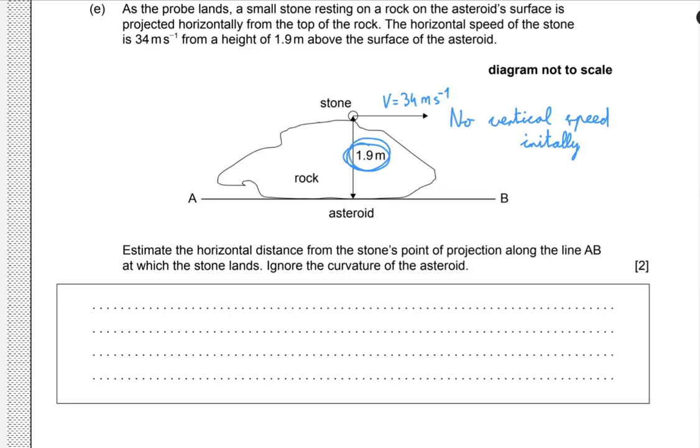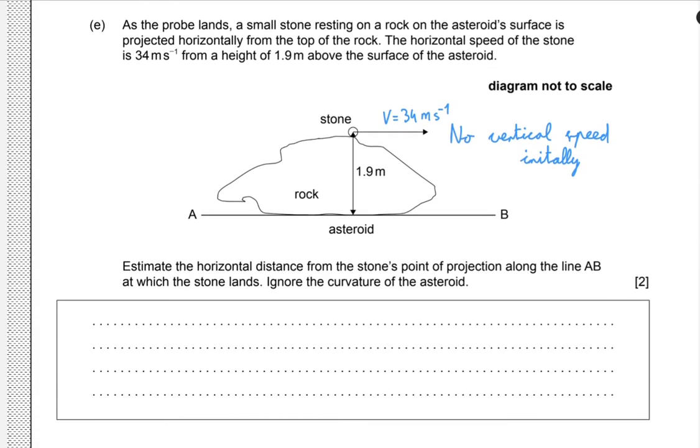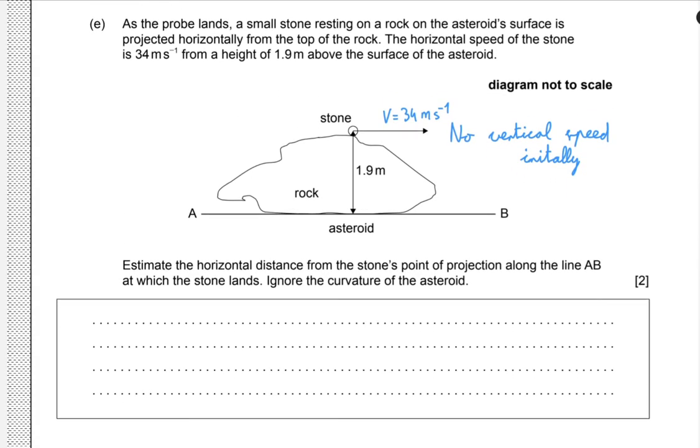If it's at a height of 1.9 meters, it will always land after the same amount of time. This is what it means that the vertical and horizontal components of the displacement and velocity are independent of each other.